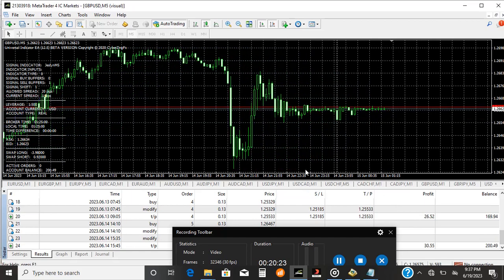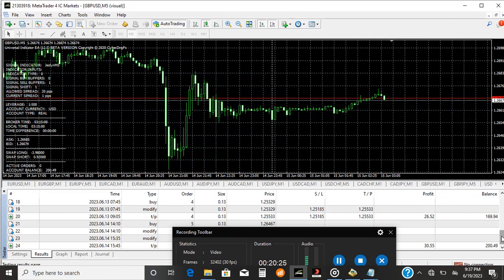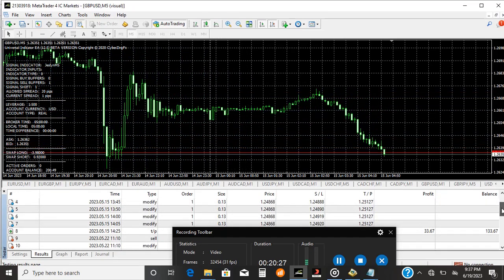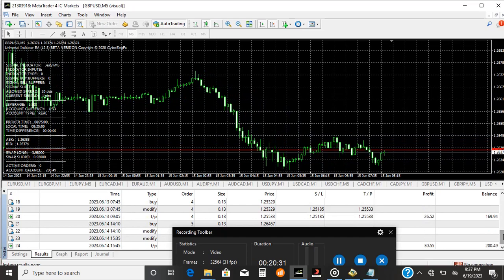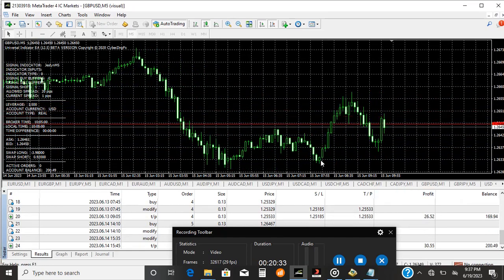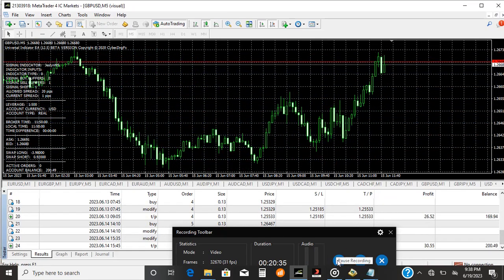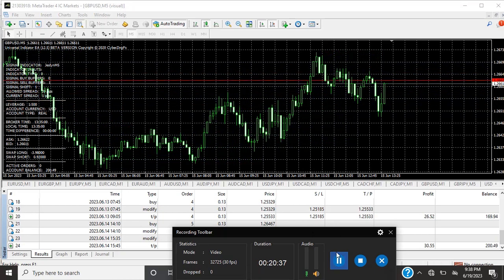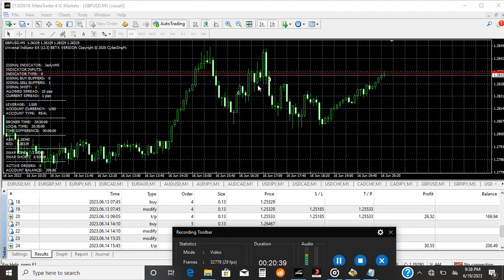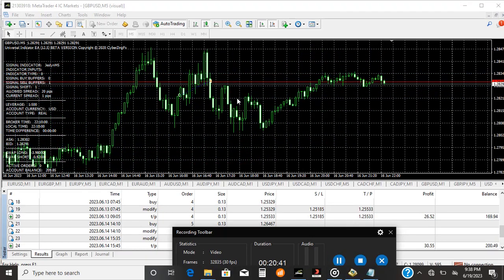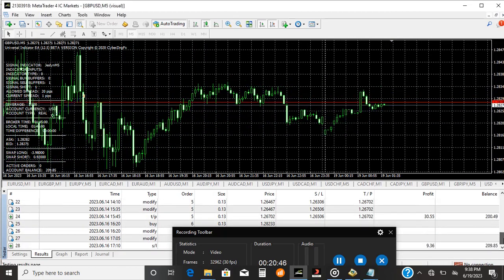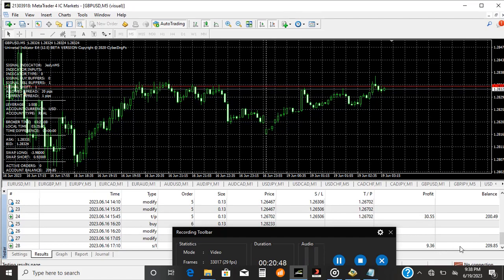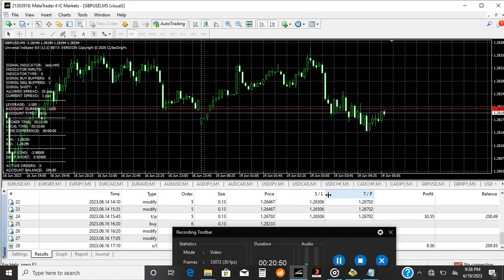So I think this currency is beginning to pick up. Let's see. Okay, we had another trade here, and our trailing stop was hit. So this is what we got here.